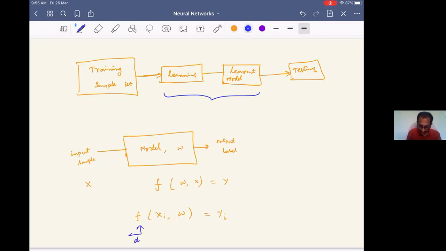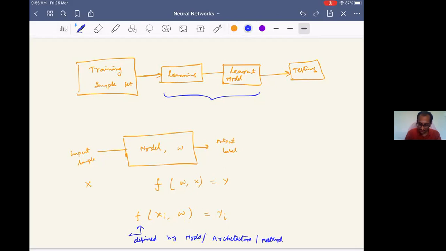This function is defined by what? Defined by the model or architecture, here neural networks if we consider, or even the algorithm or method. And what is this?